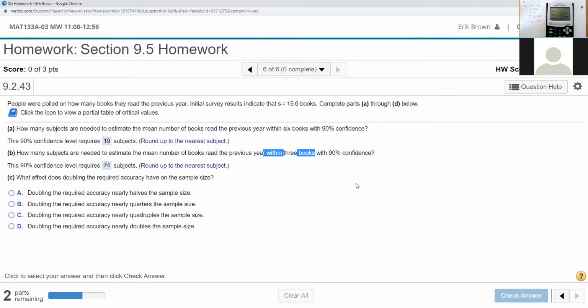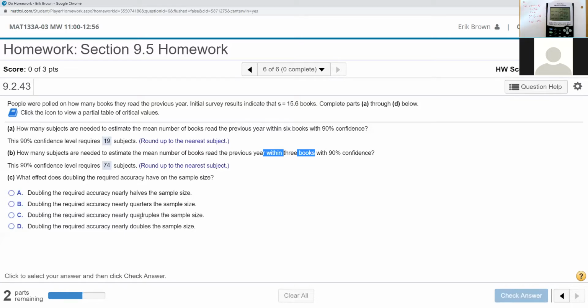We want to be twice as accurate, so we want to be within 3 books instead of 6 books. So if you look at what happened, doubling the accuracy increased the sample size significantly. So doubling the required accuracy nearly halves the sample size. No, that's not true. Nearly quarters, that's not true.